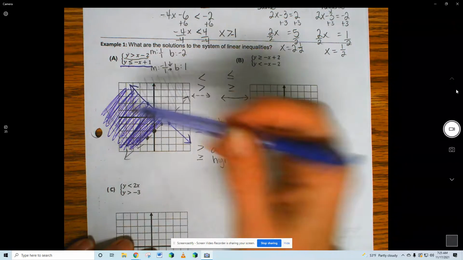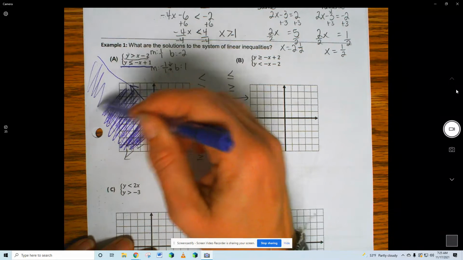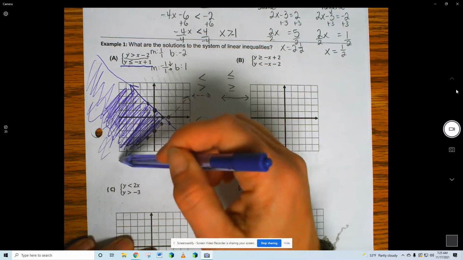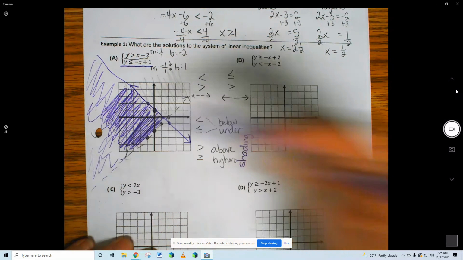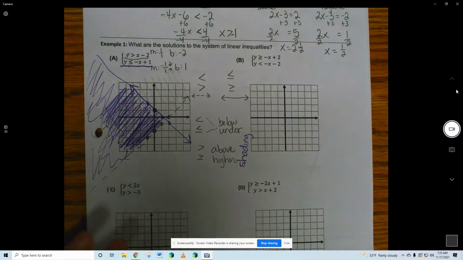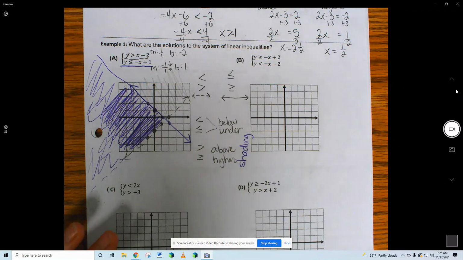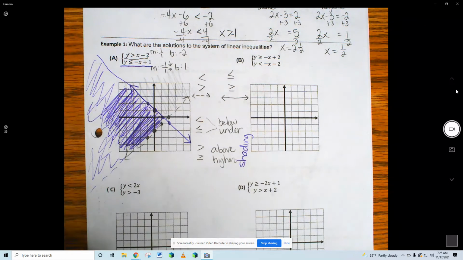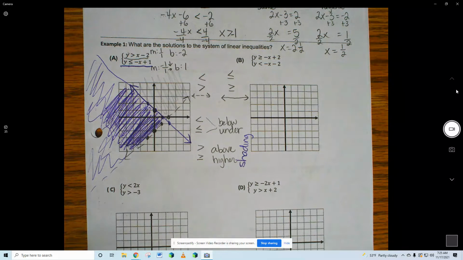All this. And of course, it goes forever. Every ordered pair in this dark shaded area is a solution. If you want to test a point to make sure, you can.